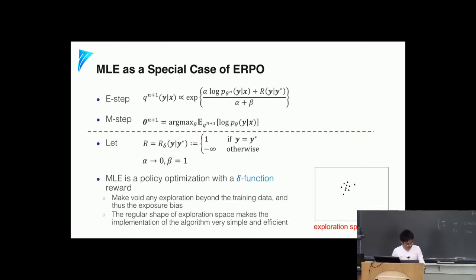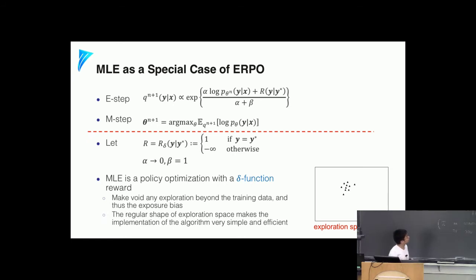So what does this formulation mean? What new insight can we get from it? We can see that MLE is a policy optimization method with a delta function reward. This delta function basically does not provide any exploration beyond the training data. Imagine that the whole sequence space is this box.